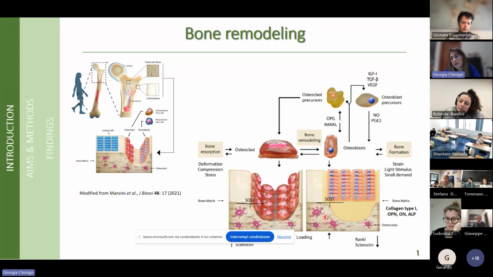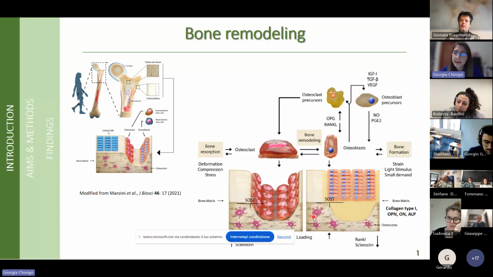So basically, osteocytes are able to detect mechanical stimuli and to transduce them into biochemical signals able to regulate the activity and the differentiation of both osteoblasts and osteoclasts.